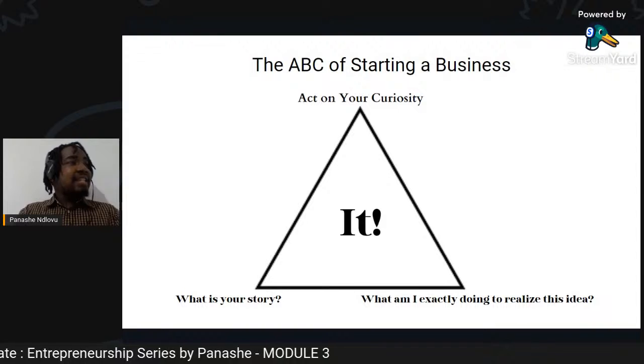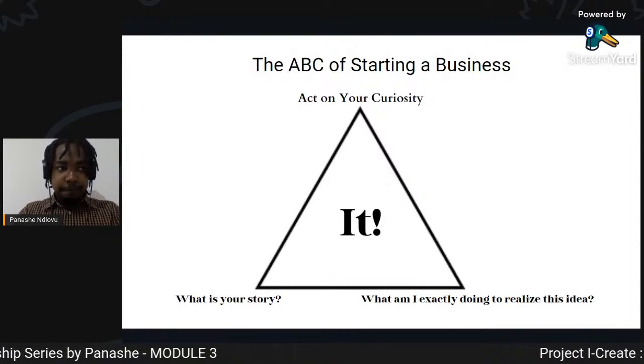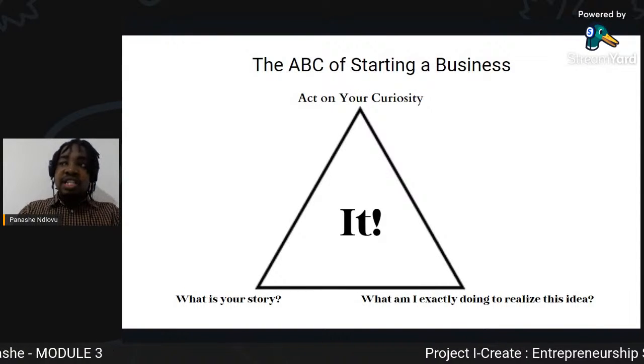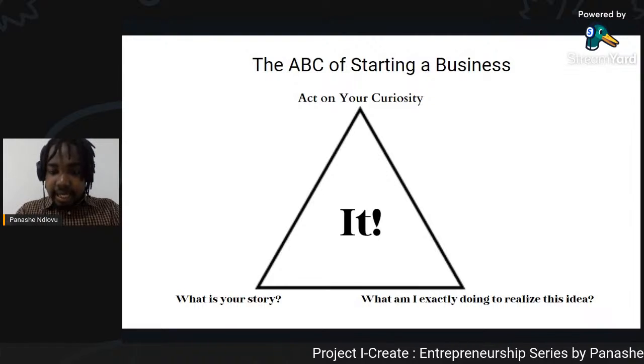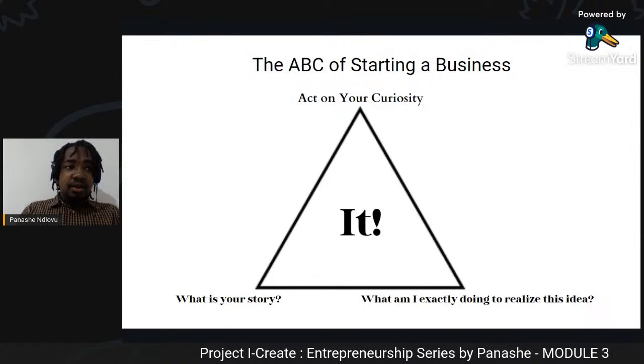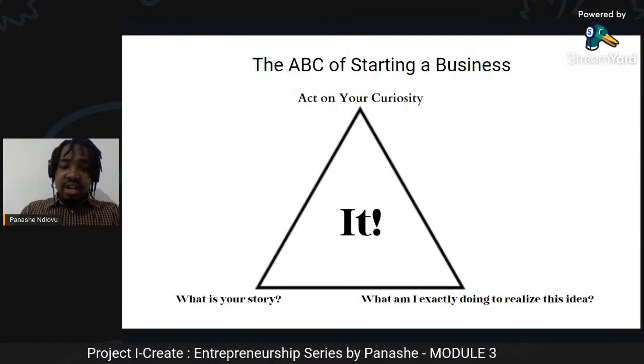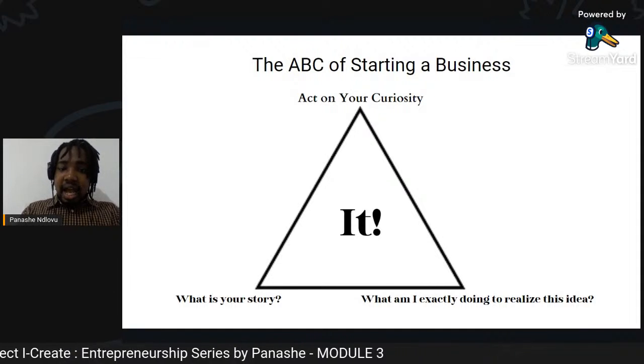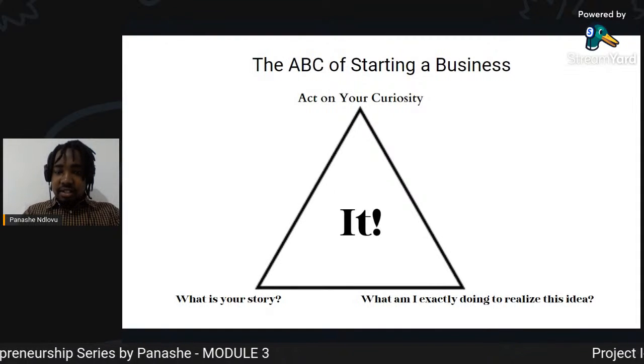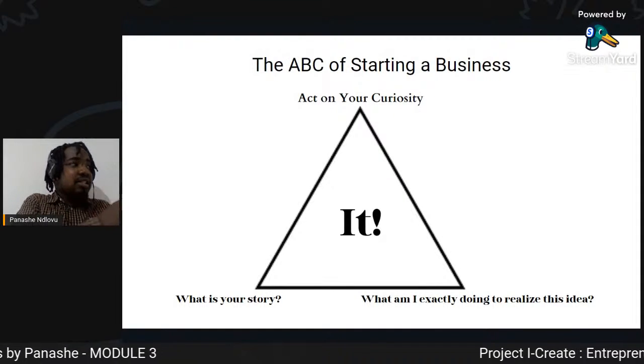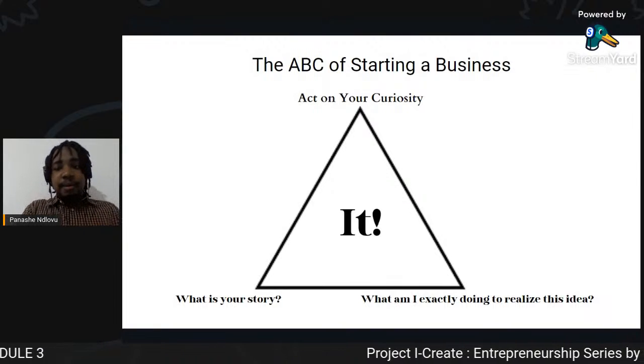And sometimes we take too long, because these ideas are literally stuck in our head, and we're looking for a way to start, right? And we are asking ourselves how to start, right? How am I going to start this business, right?